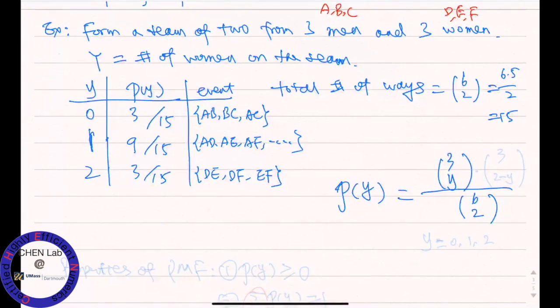So that would make, like, that's only partially done because you haven't formed a team yet. You need to form your team. It's 2 steps. First, to pick Y girls, and you still need to form the team, which means you need 2 minus Y boys, right? For any Y, 2 minus Y boys out of 3.